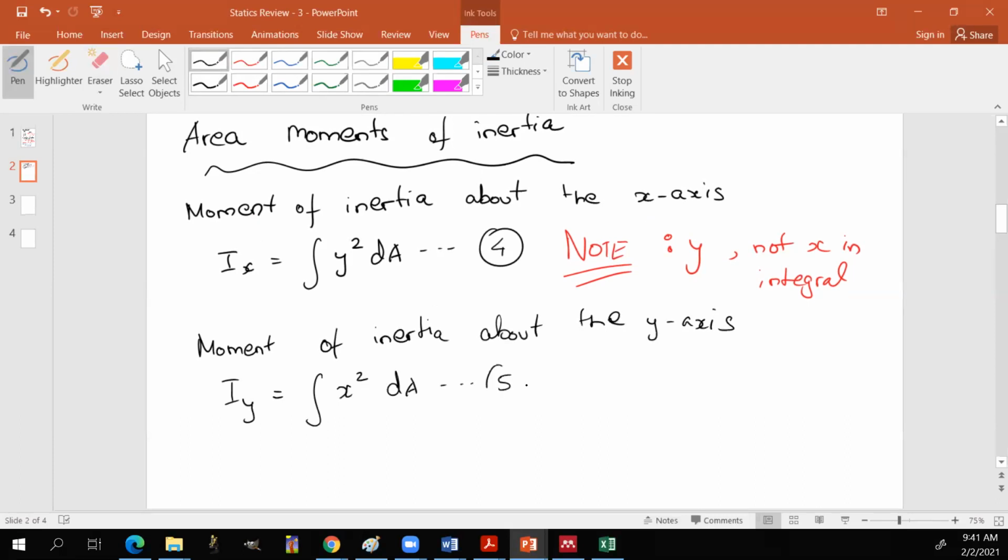Let's call that expression number 5. And what are the units? So the units of the moment of inertia are length to the power 4, right?